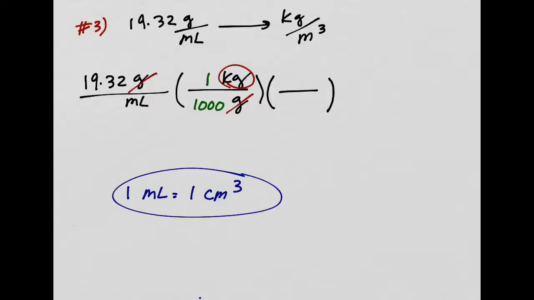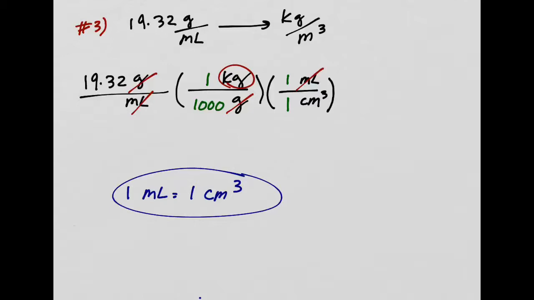That we know based on the metric system. Let's do that. So milliliters goes on top and centimeter goes down here, because we know that 1 milliliter would be equal 1 centimeter cube, right? That's a direct conversion. So milliliters is going to cancel out.